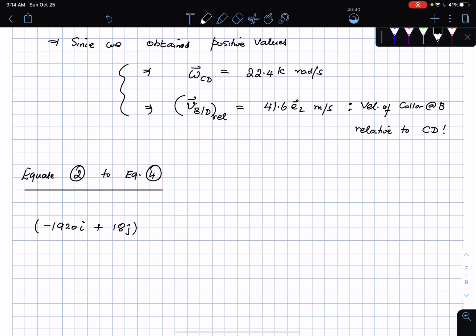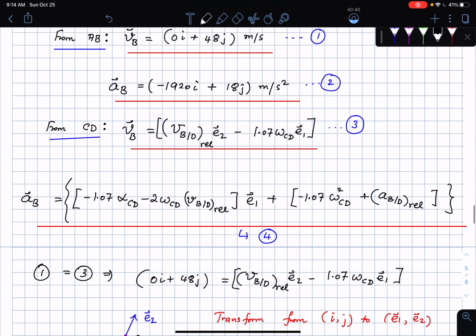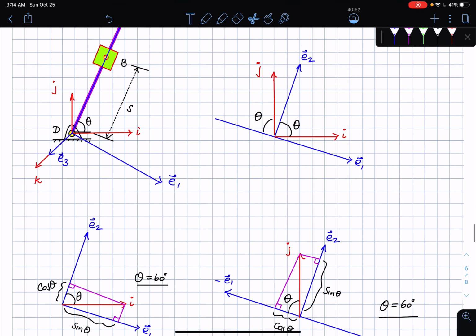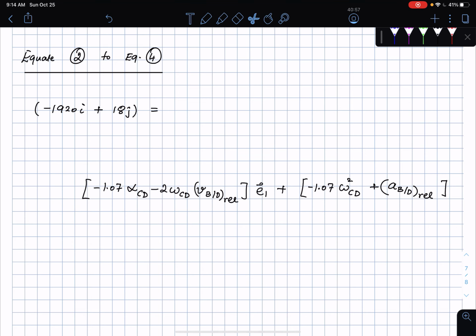That is my next step for the acceleration analysis. Now this is equal to this big creature which we had written down here. Fairly giant expression, which I'll try to see if I can fit in on a single straight line here. I need to do some adjustments. Let me do that here.